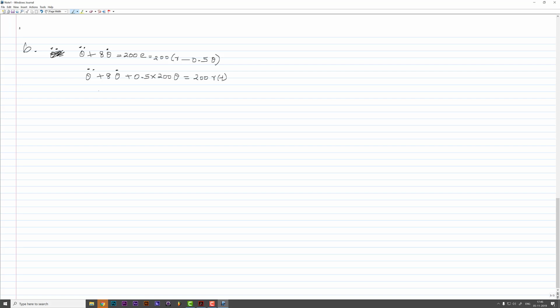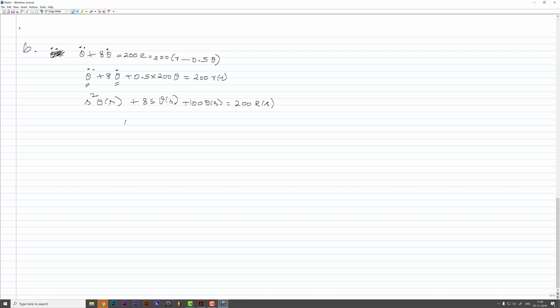So this is a second order derivative term, first order derivative term, and the Laplace transform is s square theta of s plus 8 s theta of s plus 100 theta of s is equal to 200 R of s. Okay, so calculate the value of the damping ratio and comment on its performance.